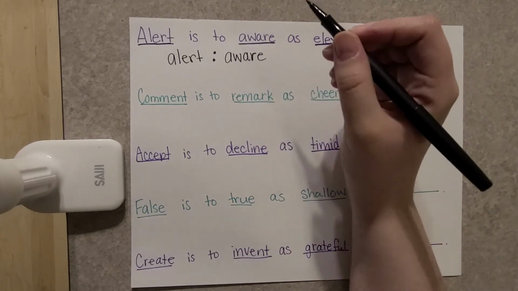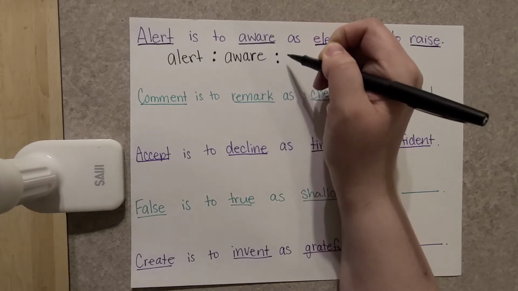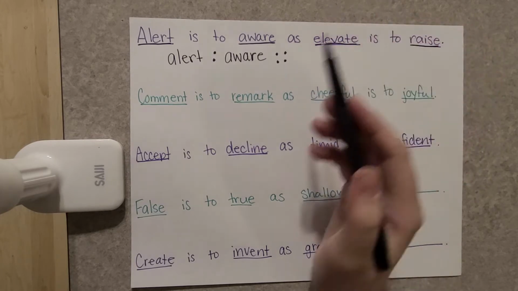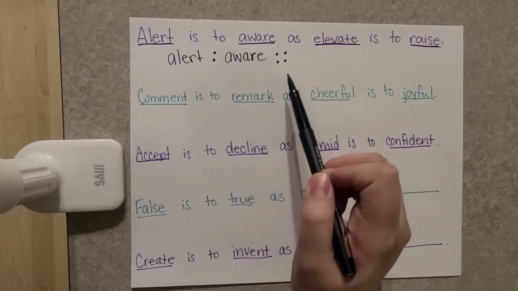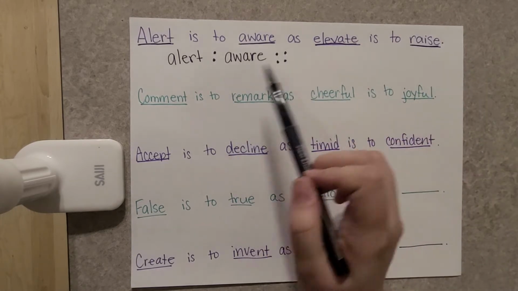And then we have a double colon that represents, well, it kind of looks like it's separating our two pairs a little bit.